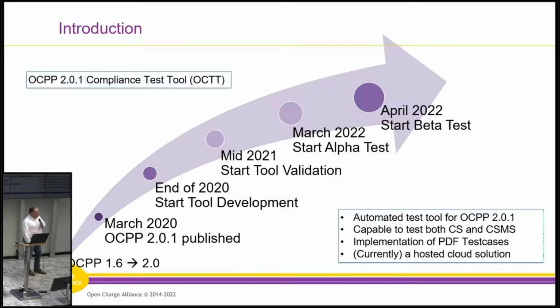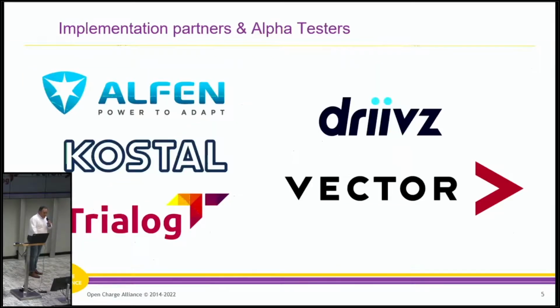And as of April this year we started a larger beta test phase where we are testing the tool with even more implementations. And of course, in the end, we're working towards getting the tool available and also being able to start the certification of OCPP 2.0.1.